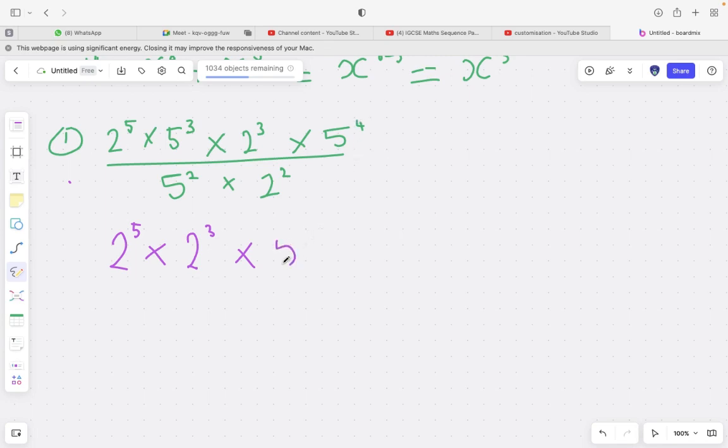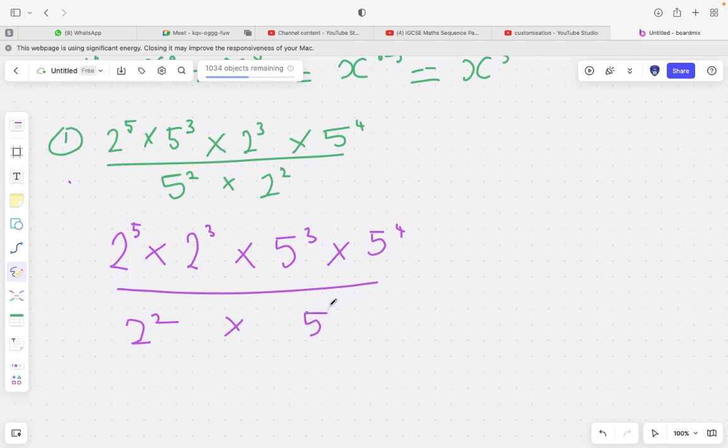Times 5 to the power of 3 and 5 to the power of 4. And then all over, we bring the 2, 2 to the power of 2, and then times 5 to the power of 2.